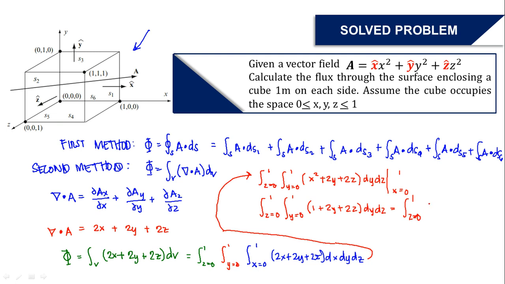So, from 0 to 1 ng 1 plus, so yung 2y magiging y squared. Tama ba? So, yung 1 magiging y. Actually, magiging y yan. Y, tapos ito naman magiging y squared plus 2yz. No? Magiging 2yz na to.